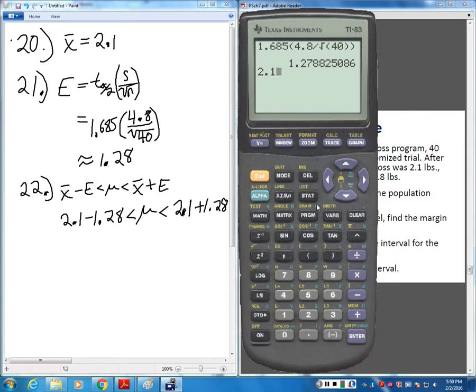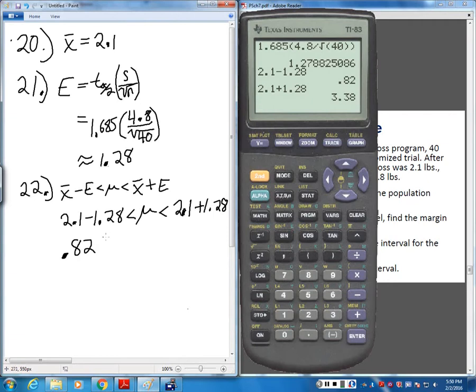So 2.1 minus 1.28 gives me 0.82, and 2.1 plus 1.28 gives me 3.38. So 0.82 is less than mu is less than 3.38.